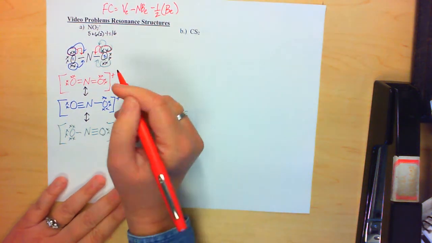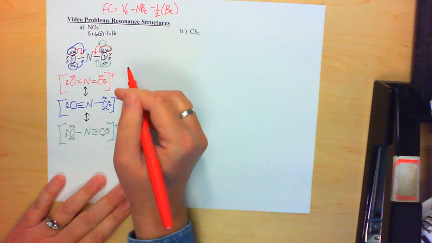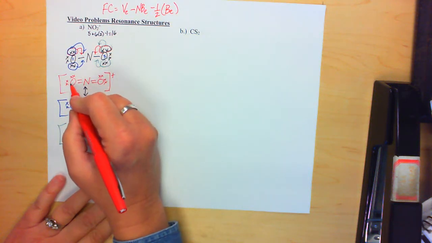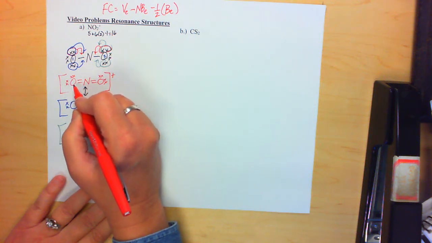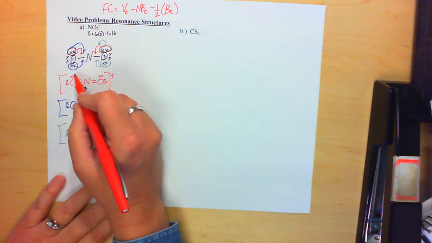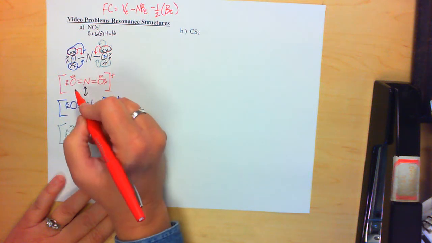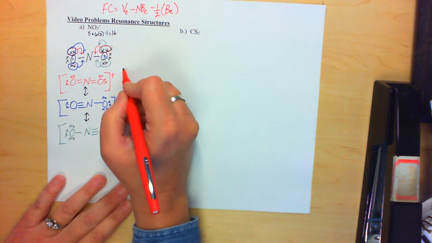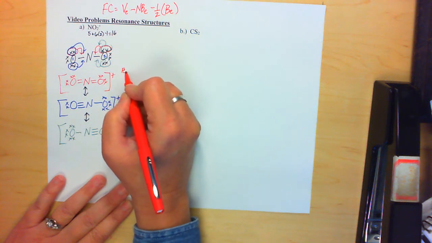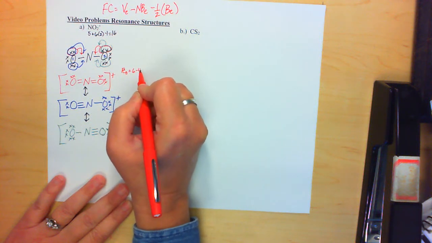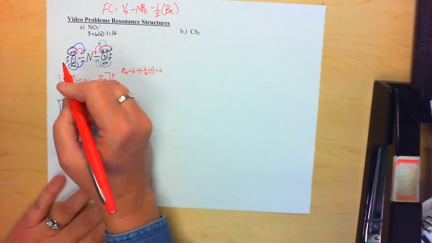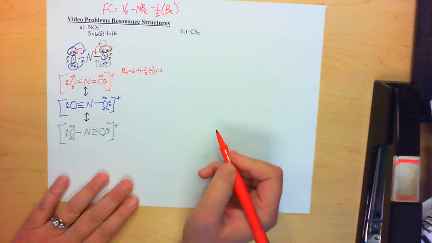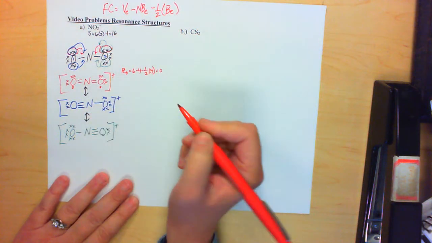So oxygen here is going to have 6 minus 4 minus 1/2 of 4, which is 2. So the formal charge on oxygen is 6 minus 4 minus 2, which is 0. So this oxygen is going to be 0. These are identical, so that one's going to be 0.